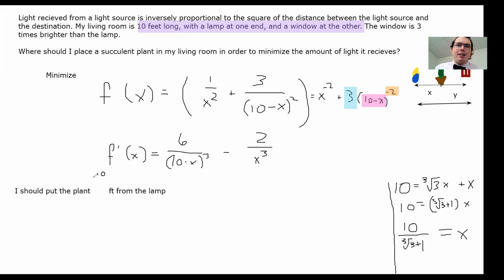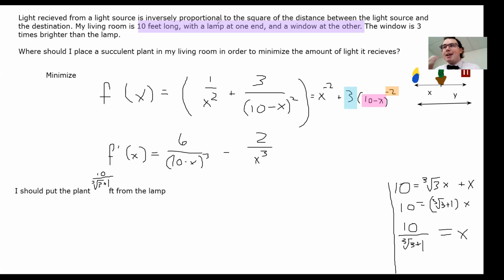It was 10 divided by the cube root of 3 plus 1. I find that to be a more meaningful answer because I can tell why this number was important. I had to have cube roots in there because I'm trying to solve for the cubic being 0. That makes sense to me.